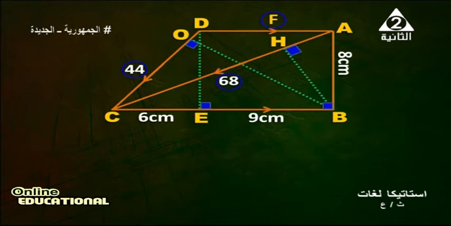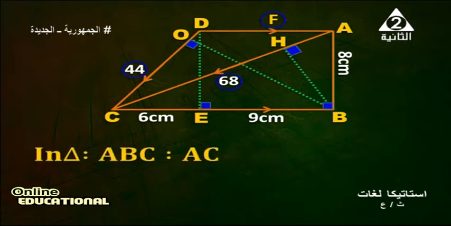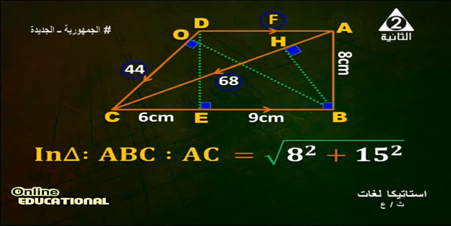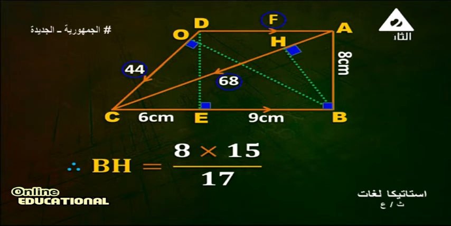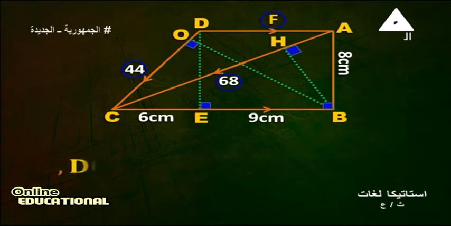Look at ABCD, a trapezoid in which angle B is right. Therefore, in triangle ABC, AC by using Pythagoras, 8 power 2 plus 15 power 2, equals 17. To calculate AC, which is the distance. Therefore, BH by using Euclidean theorem, 8 times 15 over 17 equals 120 over 17.